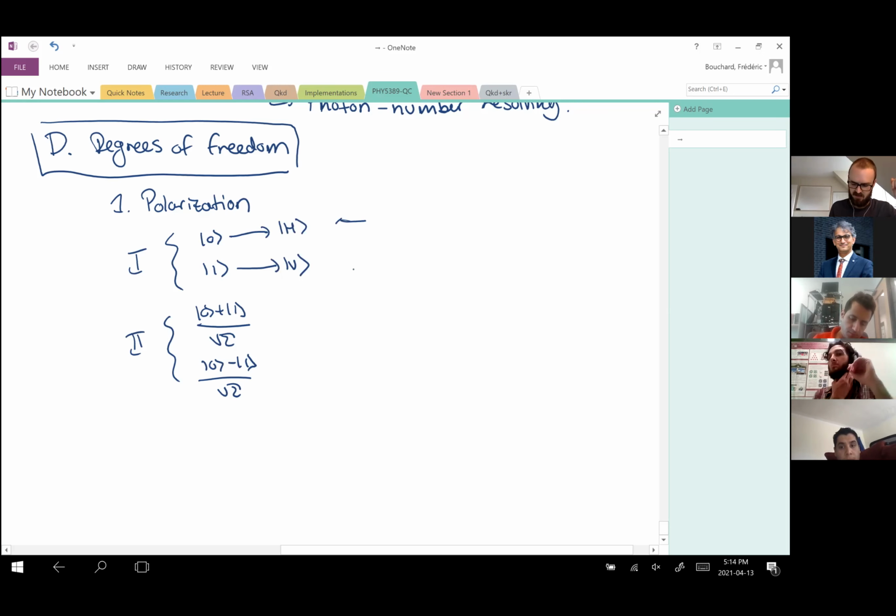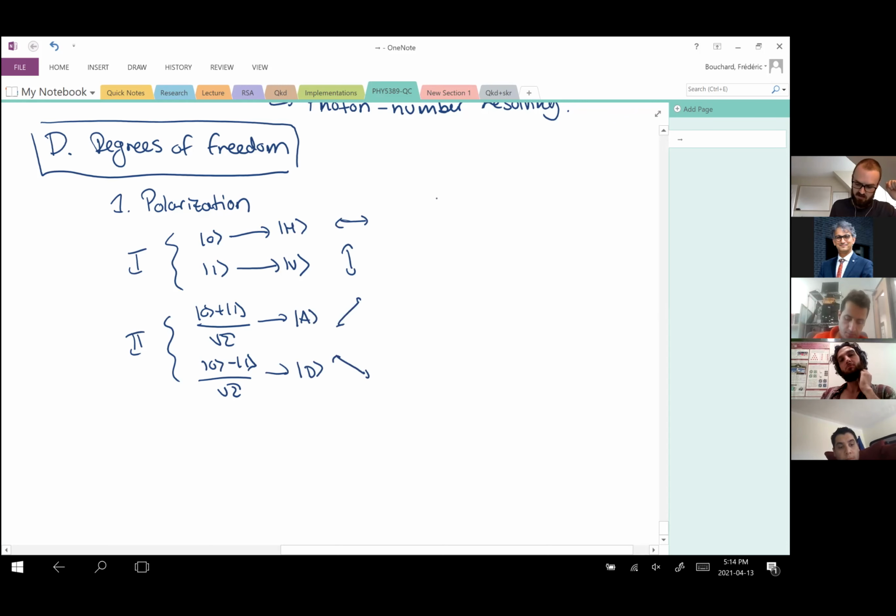We have polarization of light, which are good quantum numbers actually. You can consider them modes of the electric field where you can populate them with photon number states. And then for the other basis, you would use diagonal and anti-diagonal.